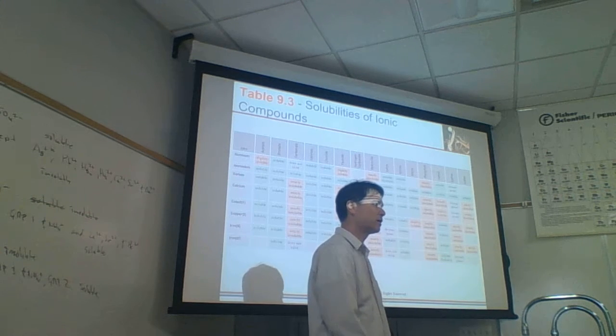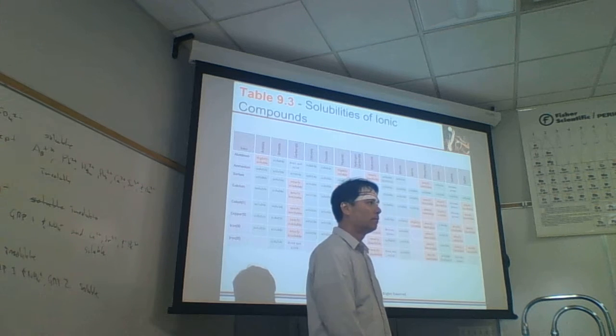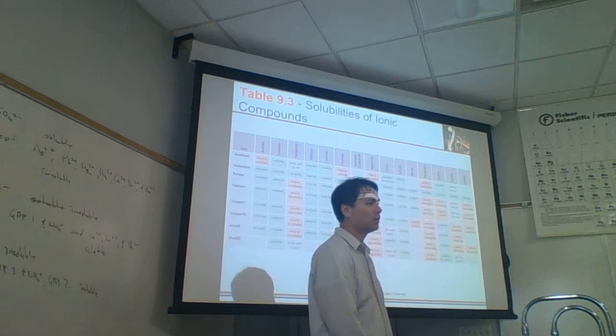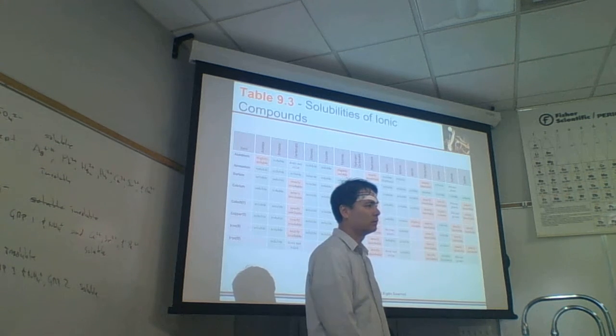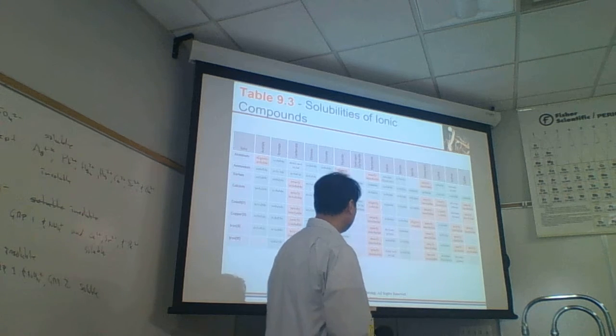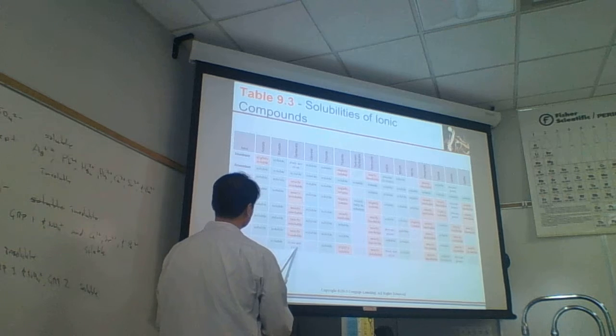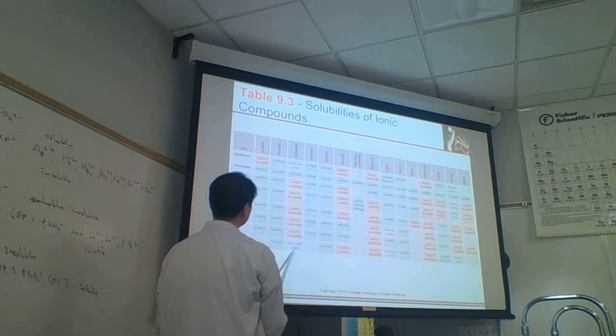Like for example, let me pick a compound: iron 3 acetate. Soluble or insoluble? Soluble. Iron 3 carbonate. Soluble or insoluble? Well, you know, if I do iron 3 carbonate, it says does not exist. We're looking at that aluminum here as well.